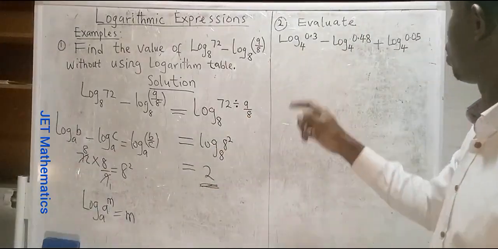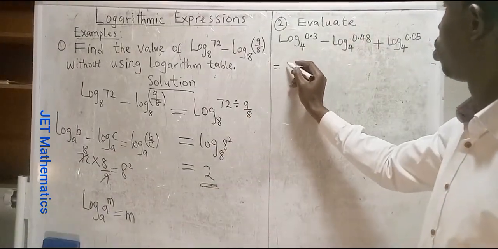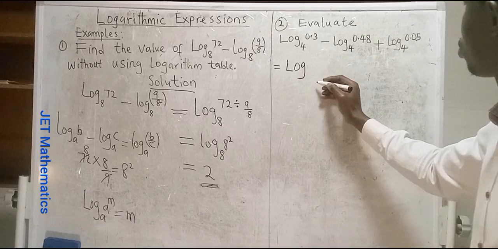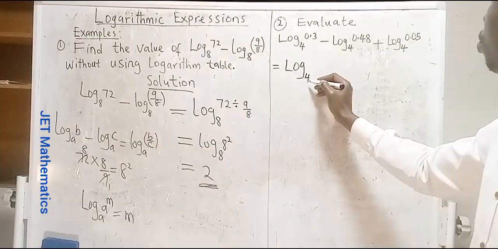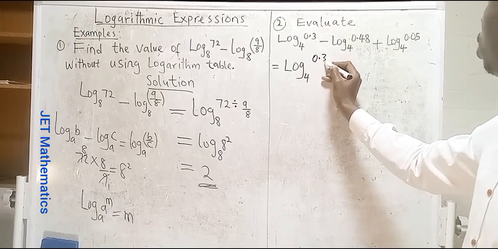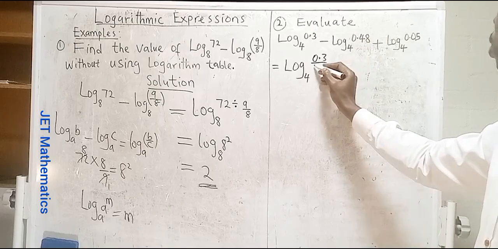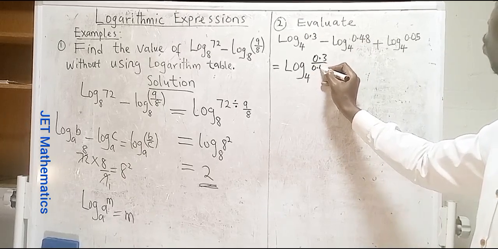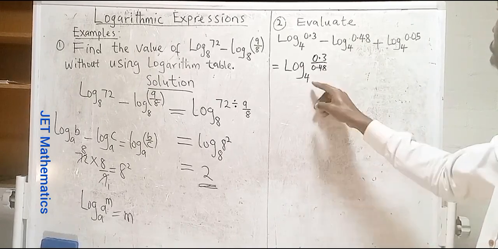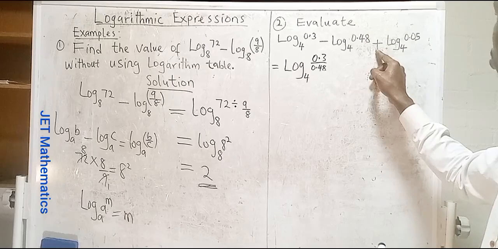to this first part, we'll have this to be equal to log to base 4, and here will be 0.3 divided by 0.48. So still having the same base with this, and it's plus.